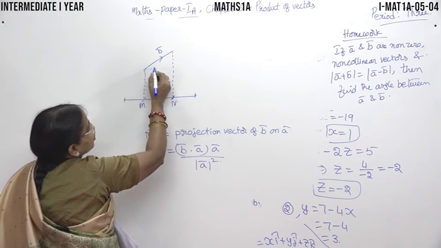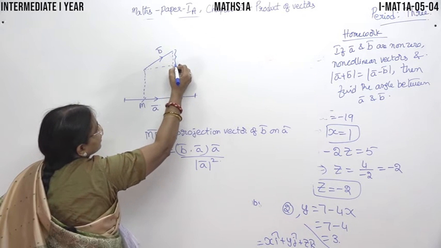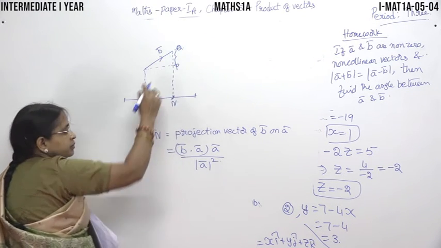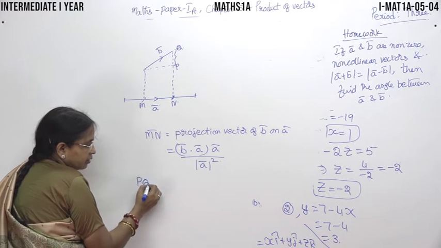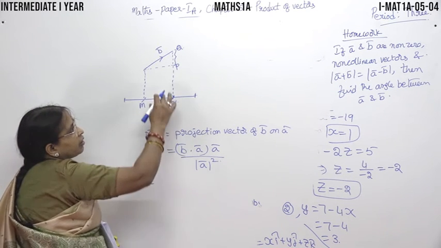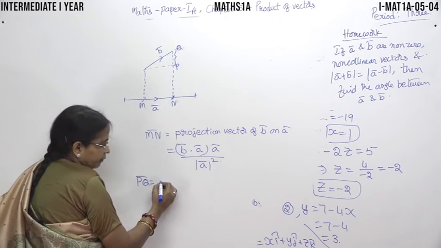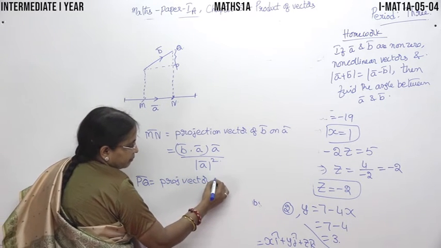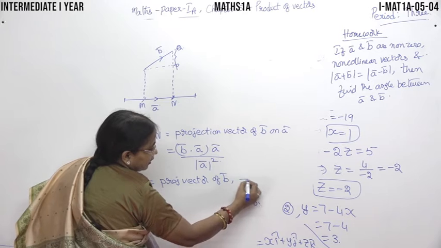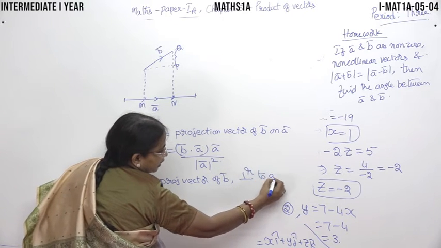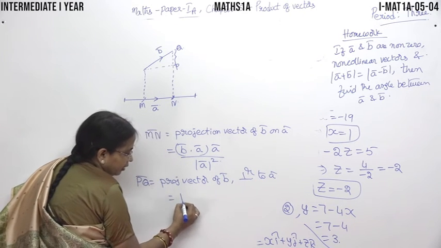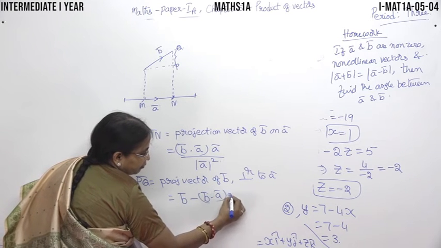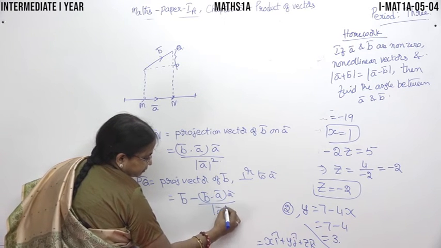Now if you draw a line like this, suppose that this is P and this is Q. So this PQ vector is called the projection vector of B perpendicular to A. And it is given by the formula B minus (B dot A) into A by mod A square.